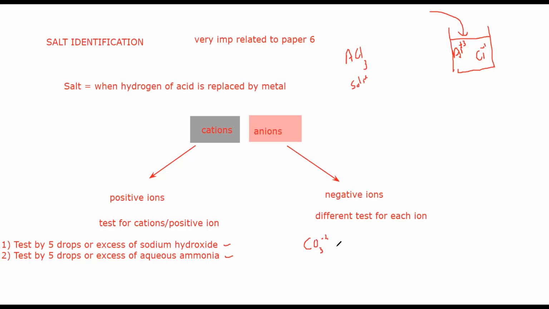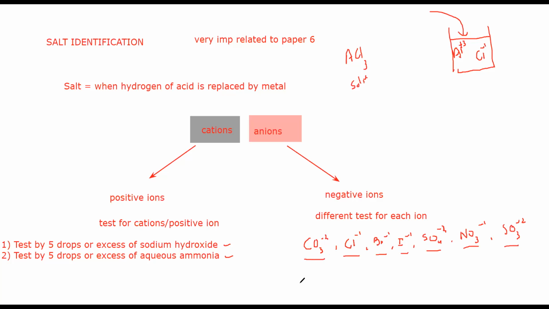You have to learn how to test a carbonate ion, chloride ion, bromide ion, iodide ion, sulfate ion, nitrate ion, and sulfite ion, SO3 with a charge of -2. So these are the tests you have to learn: carbonate, chloride, bromide, iodide, sulfate, nitrate, and sulfite ion.